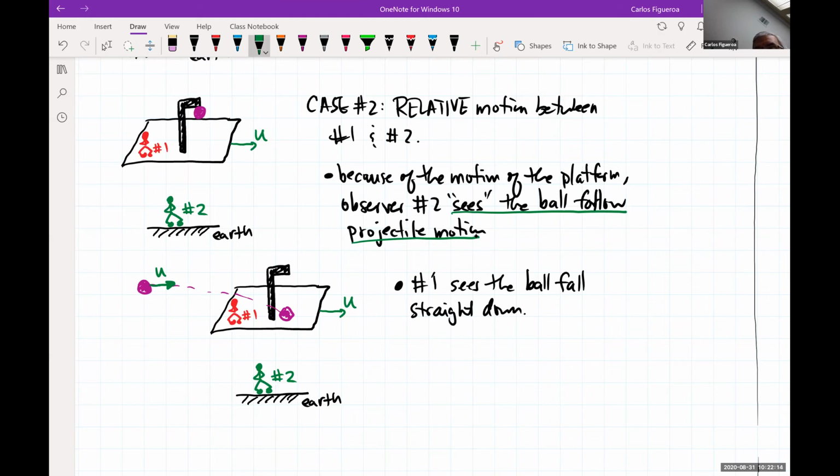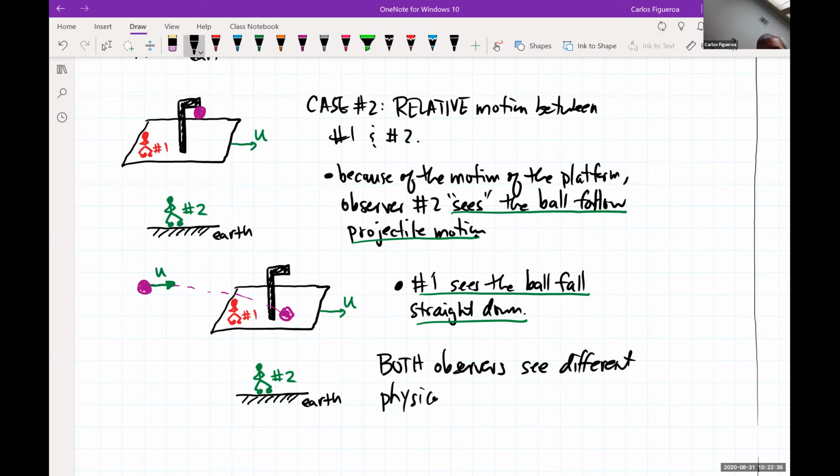So this person sees the ball fall straight down. And so what you're seeing here is that both observers see different physical phenomena.